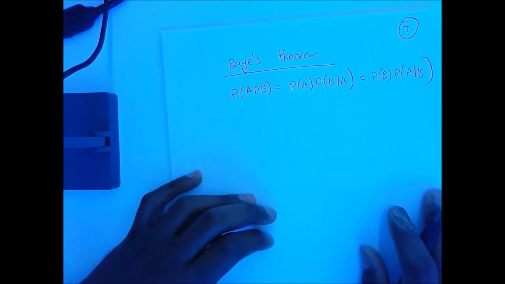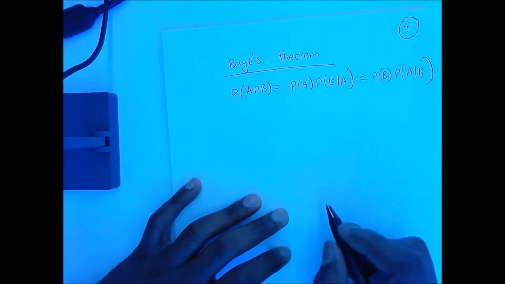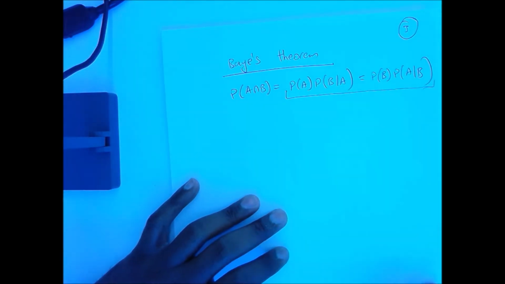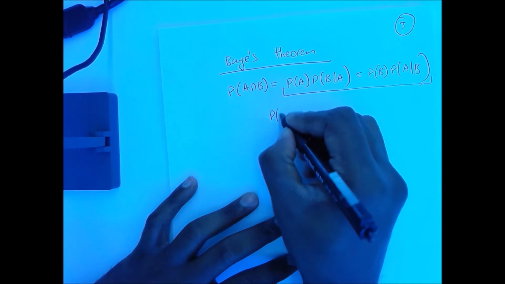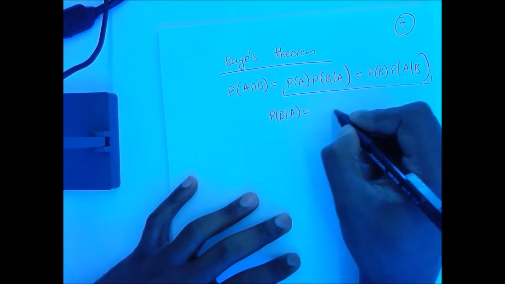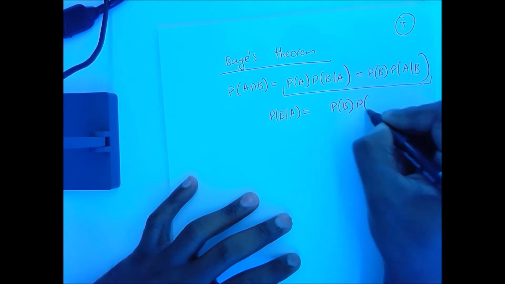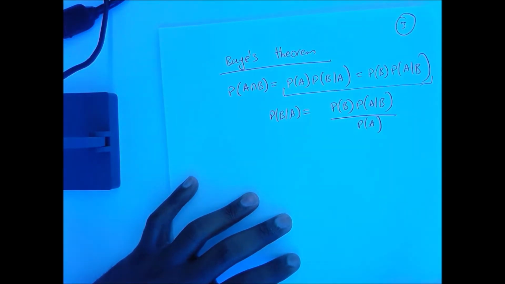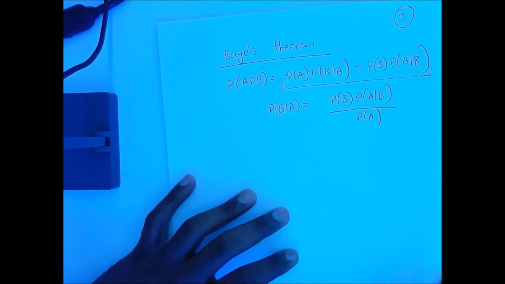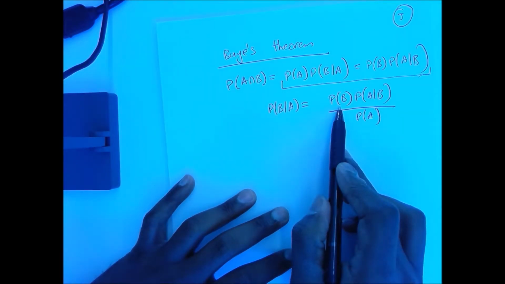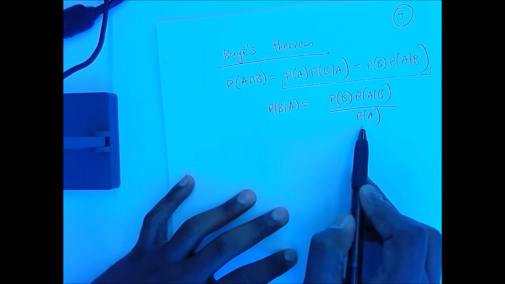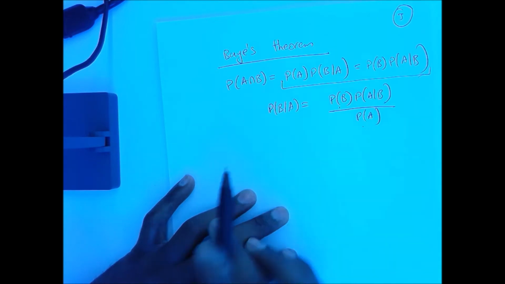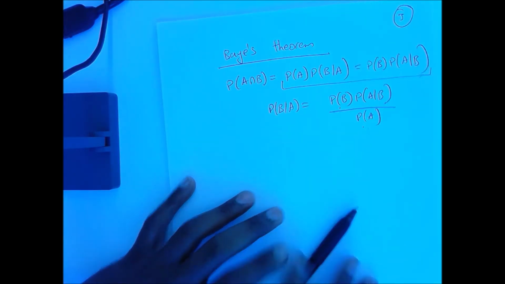Okay? Alright. So now if you look at this part of the equation, I can say P of B given A is equal to P of B times P of A given B divided by P of A. What this means is if you know the probabilities of individual events and the probability of A given B, you can calculate the probability of B given A. That's what I meant by inverting conditional probabilities.